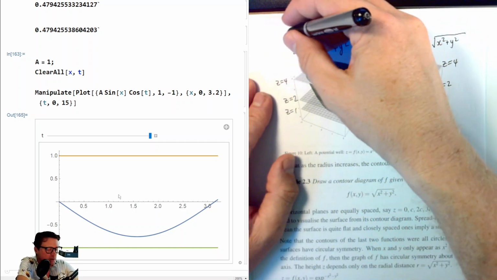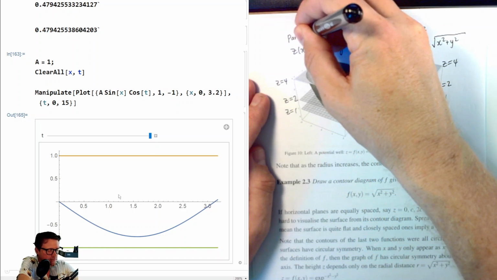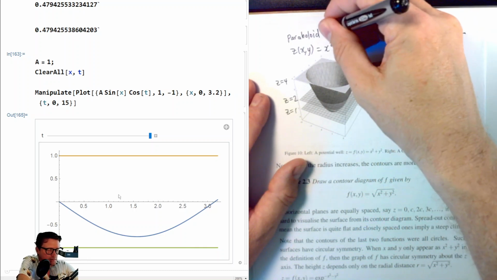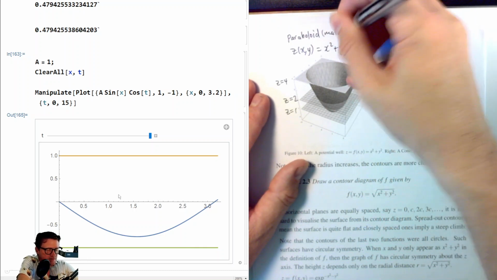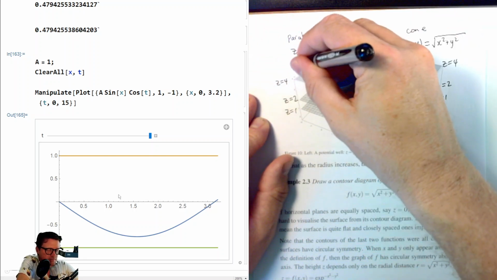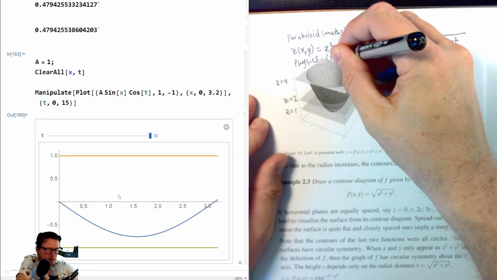But I would call it in mathematics a paraboloid.